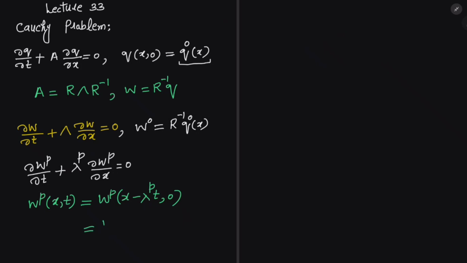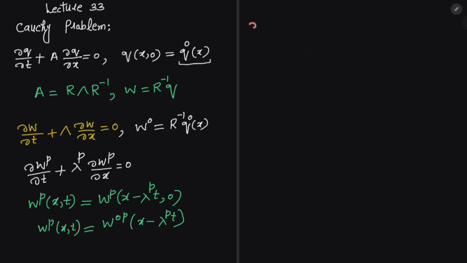Or we can write W0p(x minus lambda p t). It means that your initial condition has just moved towards right or left. So this is the solution of this converted problem.